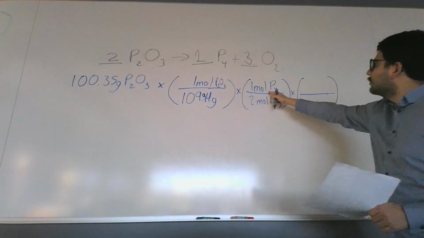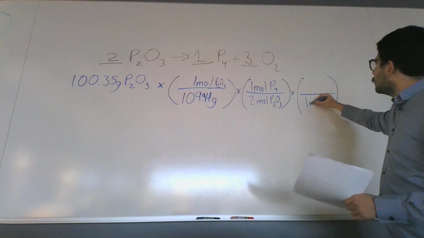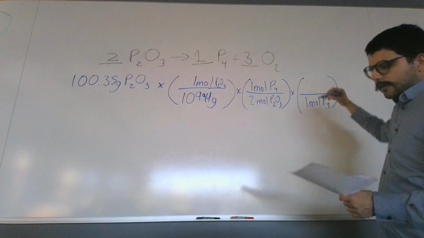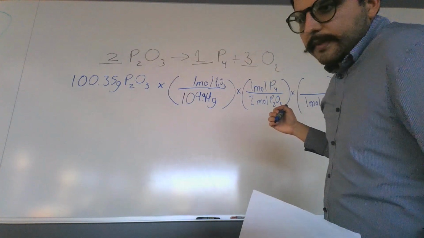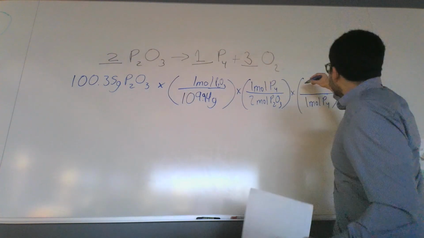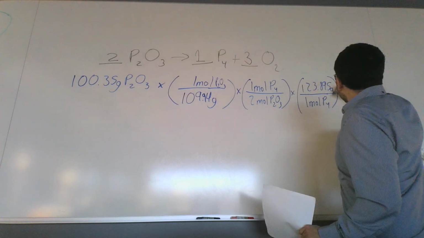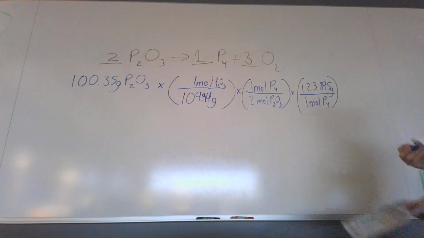And since we're eliminating moles, this is for every 1 mole of P4, and it's 123.895 grams per mole of P4.